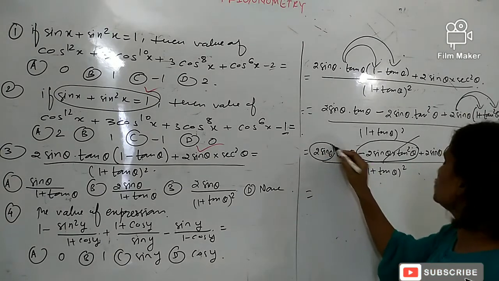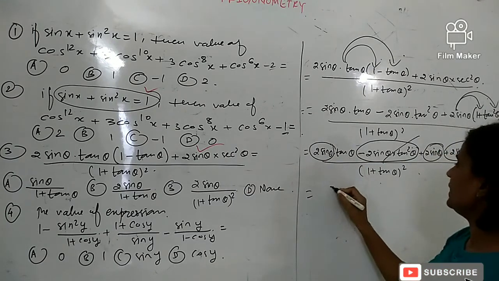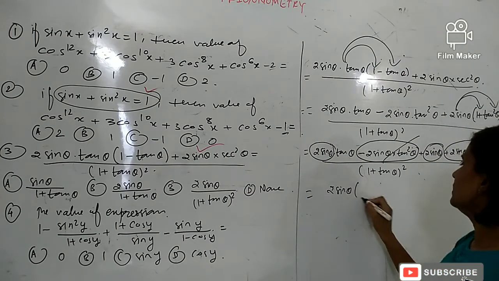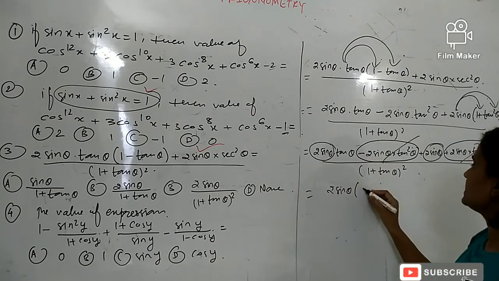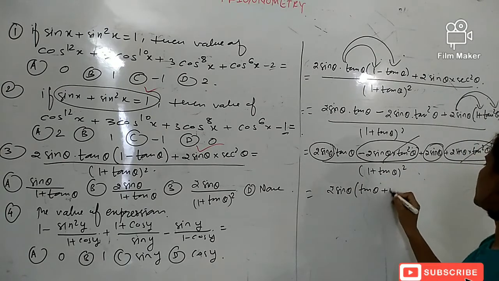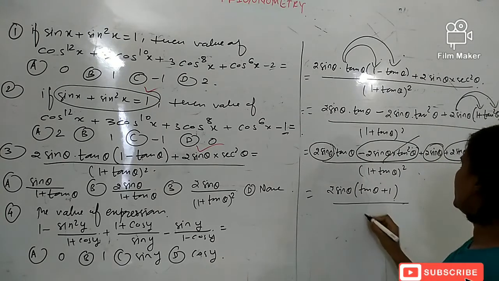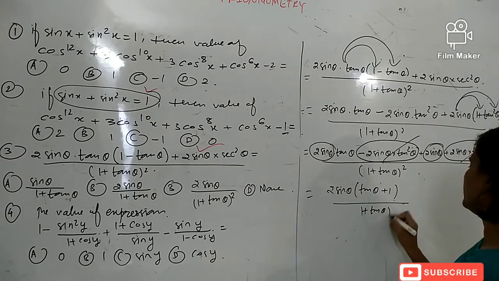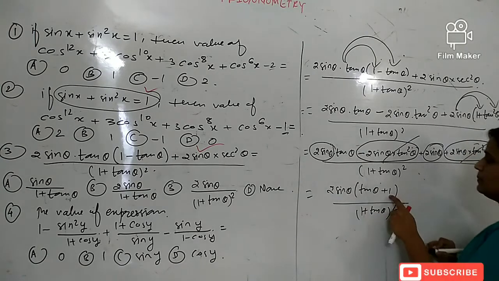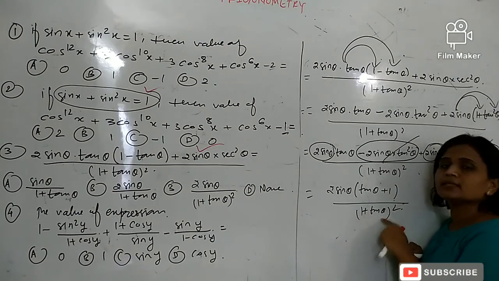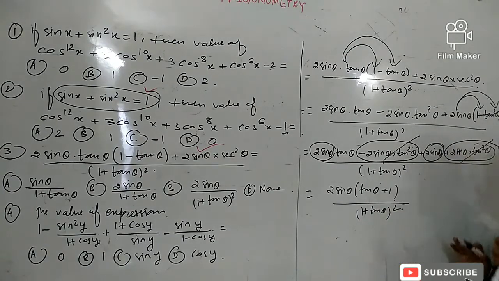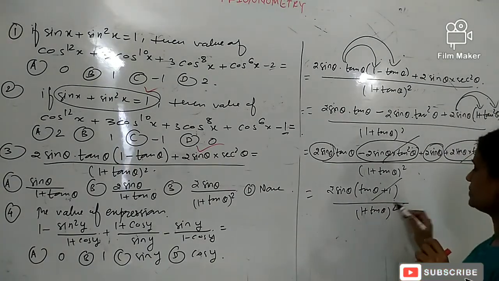You can take 2 sin theta common, and what remains is tan theta plus 1, dividing by 1 plus tan theta whole square. Now 1 plus tan theta and 1 plus tan theta are the same expression, so I can cancel this bracket.